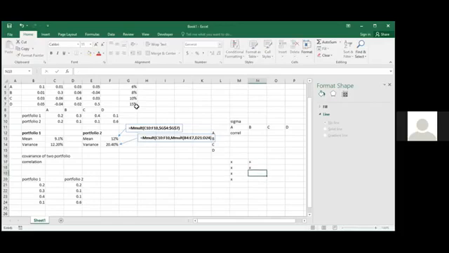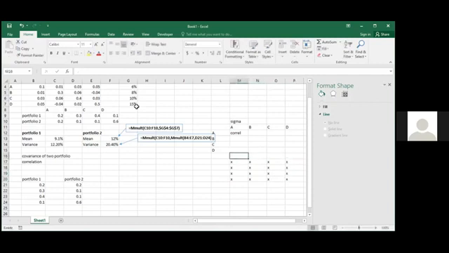Even though I mention the same symbol here, it is not the same value. So here is indicated the variance covariance matrix.